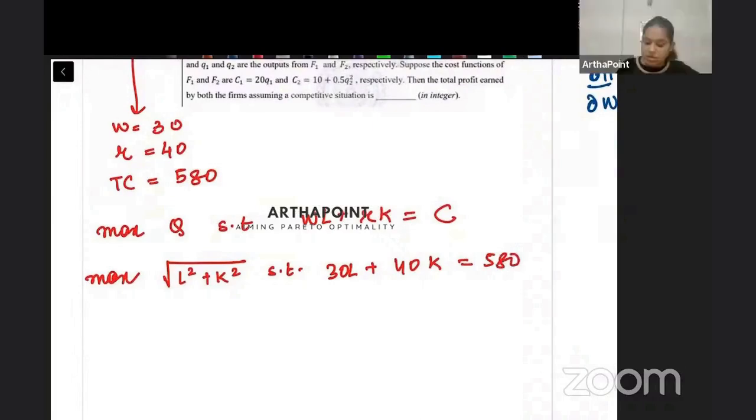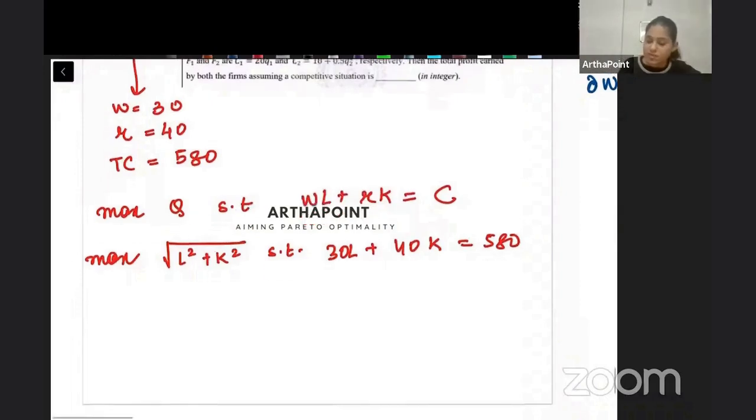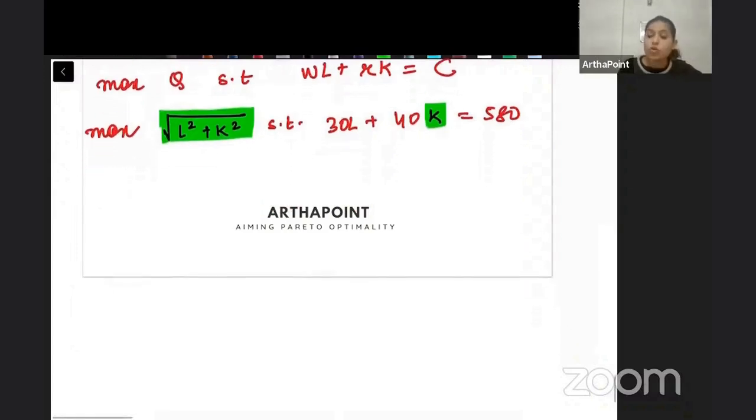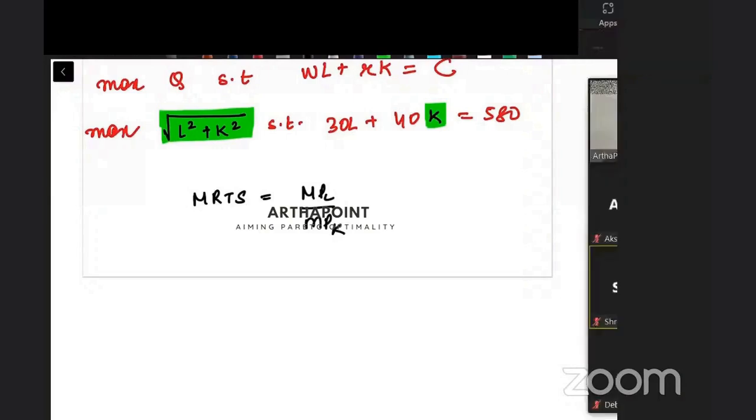Right? And either you can form Lagrange if you want, or you can do by method of substitution, up to you. So in the method of substitution, from here you can find the value of L or K and put it back here and just maximize it. So you can also use MRTS is equal to MPL by MPK. Everything is fine, up to you.